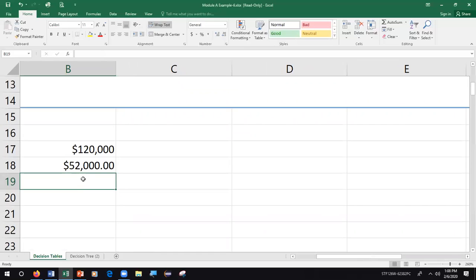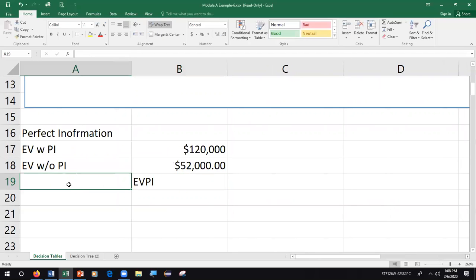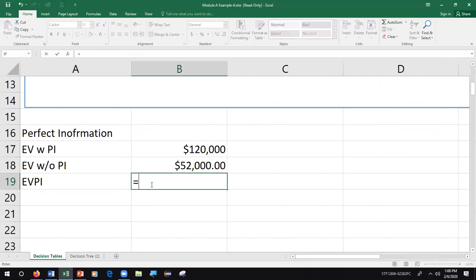So that's 52,000. And then our expected value of perfect information, our EVPI, is just going to be equal to this minus this.